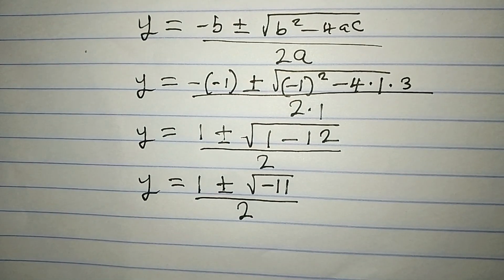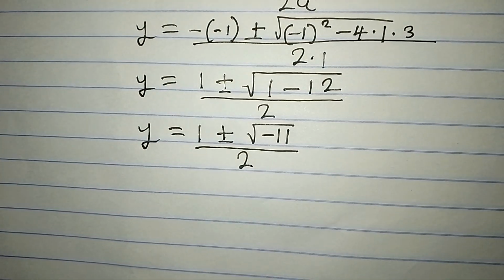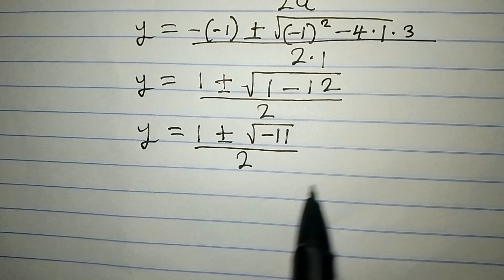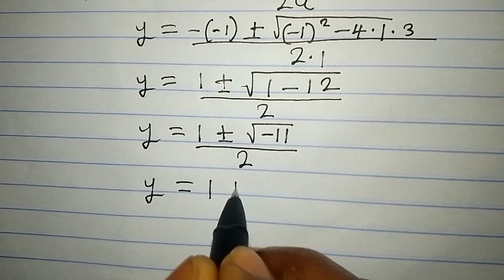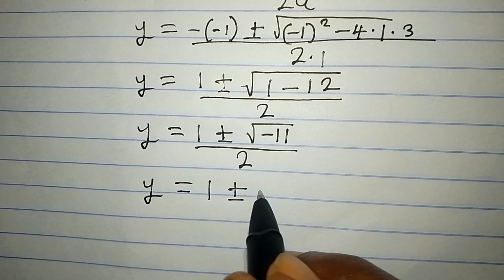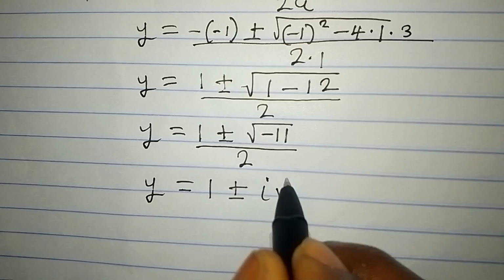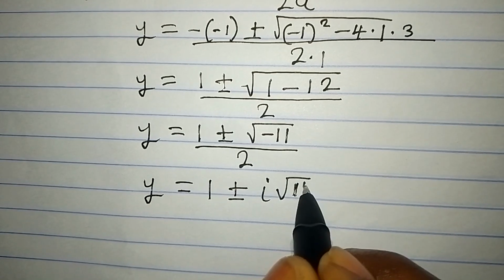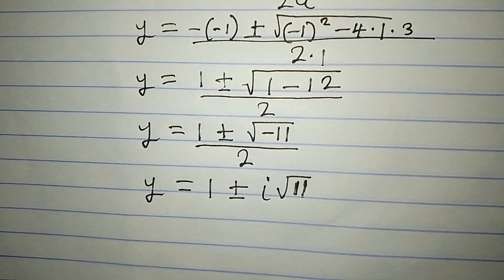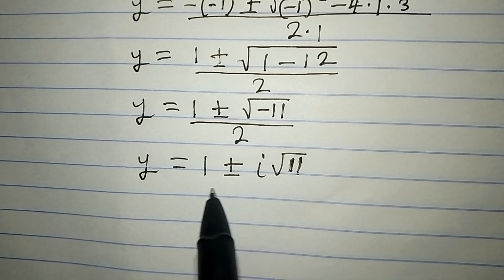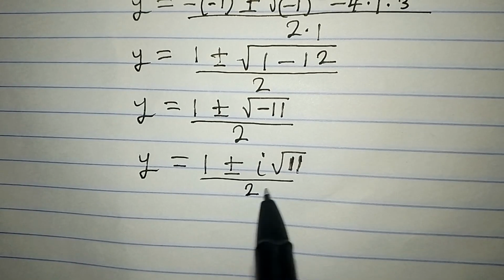Now we iron out this negative, so we have y equal to 1 plus or minus I square root of 11. So the negative has come out in the form of I, which is imaginary, and then this is over 2.